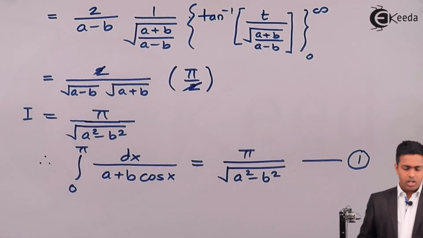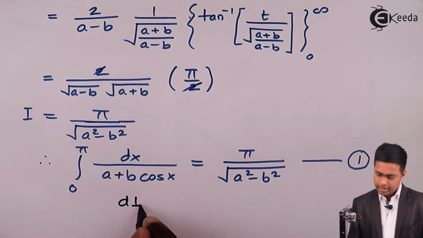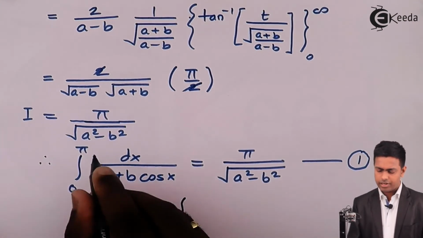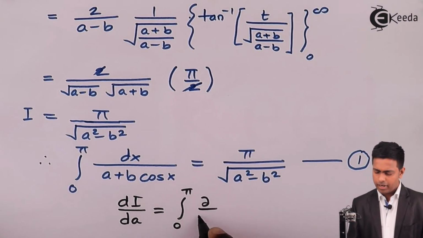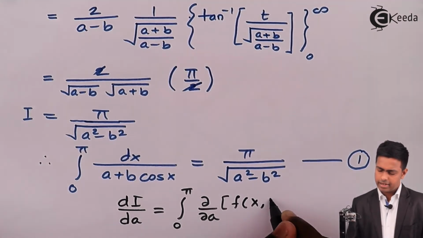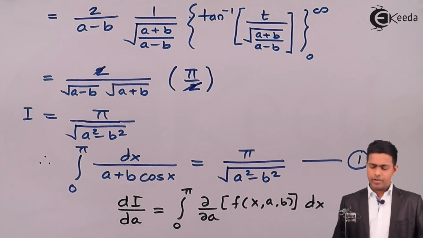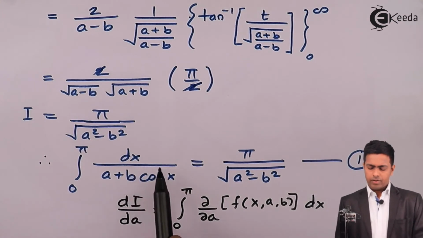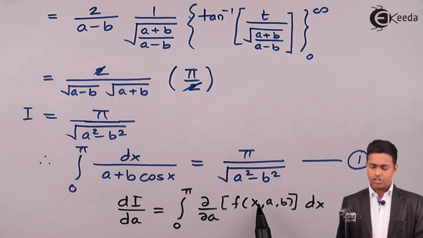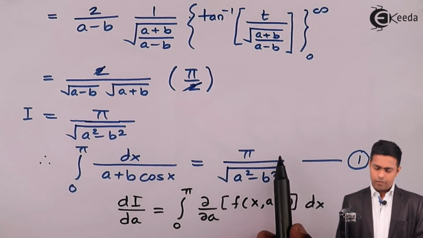So here I say the rule of DUIS is like this: dI by da equals the integration, let's say from 0 to pi, of dou by dou a of the function of x and a, and the parameter is b, into dx. So this is the rule of DUIS, by which we differentiate the function inside the integral partially with respect to a, while the value on the other side is differentiated completely with respect to a.